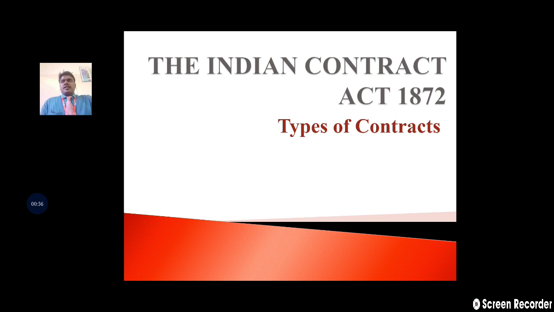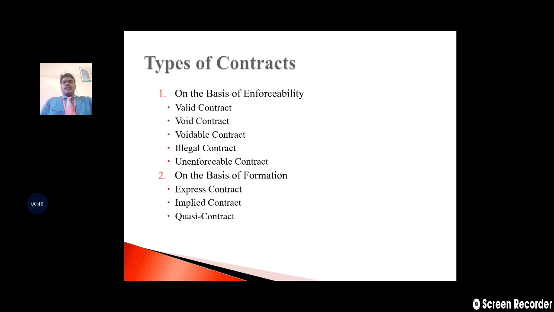The types of contract are basically segregated under four heads. First one is on the basis of enforceability. Under this heading, it has the subheadings of valid contract, void contract, voidable contract, illegal contract, unenforceable contract.